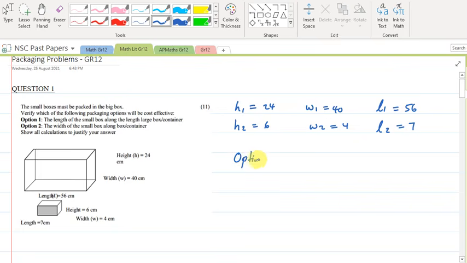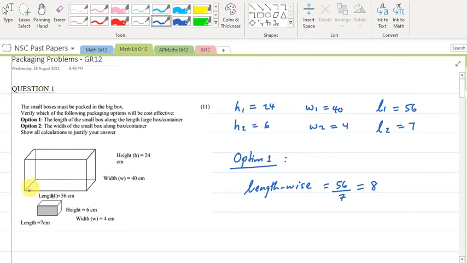So let's look at option 1. We can look at lengthwise. So lengthwise what we can say is 56 divided by 7, we should get 8, right? So if you're packing these small boxes along the length of the larger box, you should be able to pack 8 of them in the front row, right?